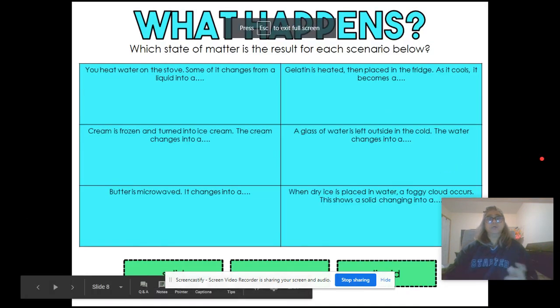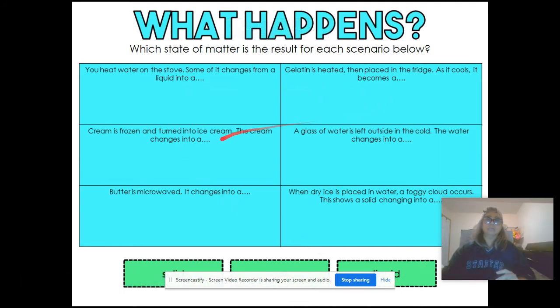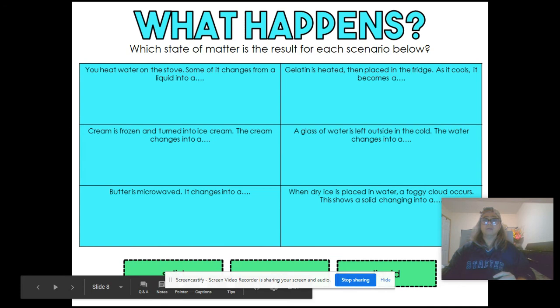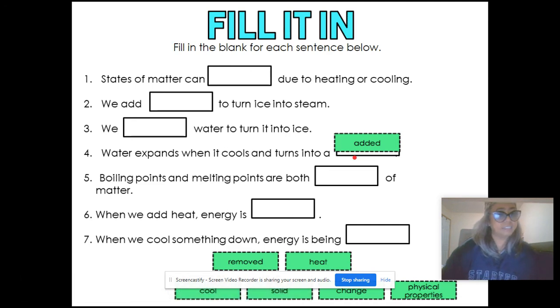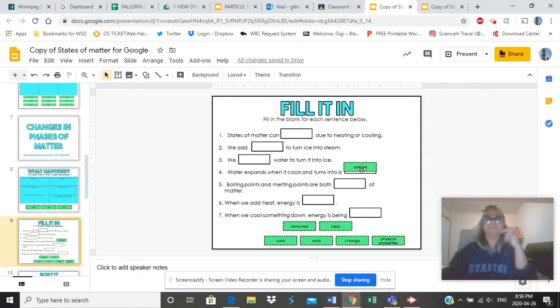Now, I'm asking you, what happens in these scenarios or situations? A glass of water is left outside in the cold. The water changes into what do you think? Solid, liquid, or gas? You decide. Now fill it in the same way. So you could simply on your end again drag and drop the correct answers here.